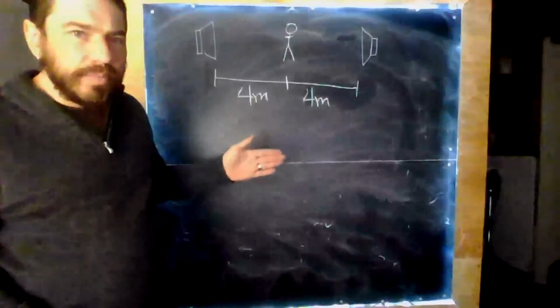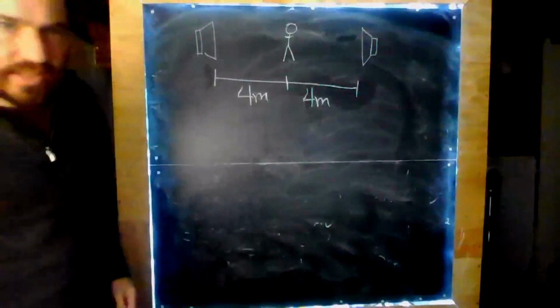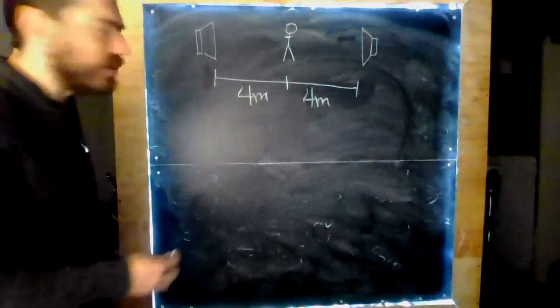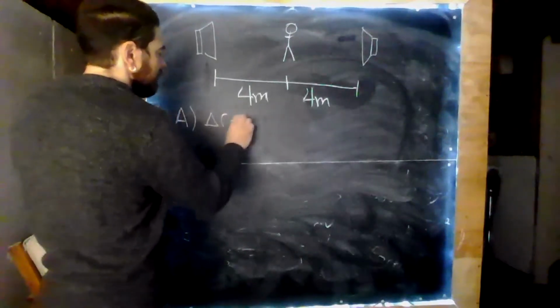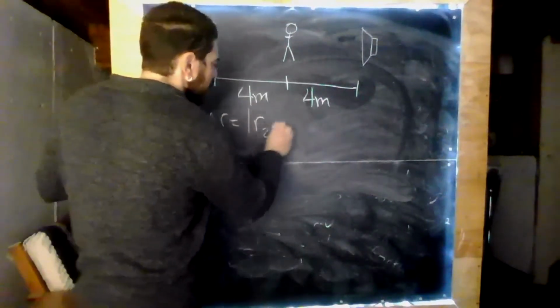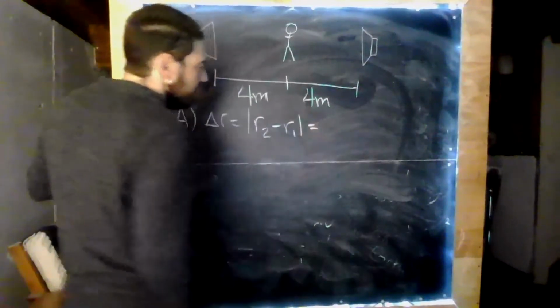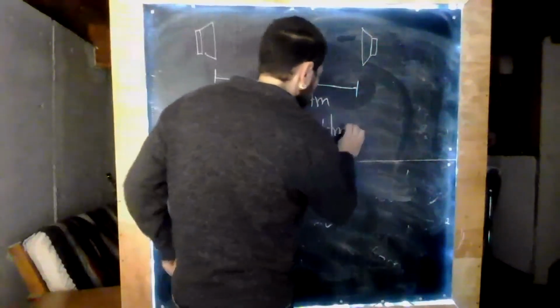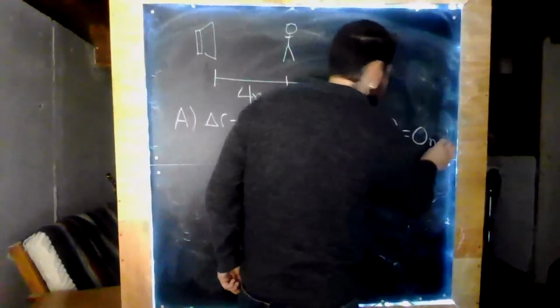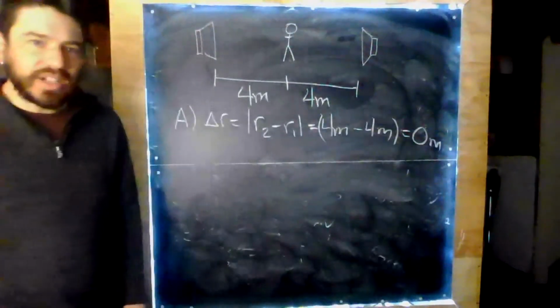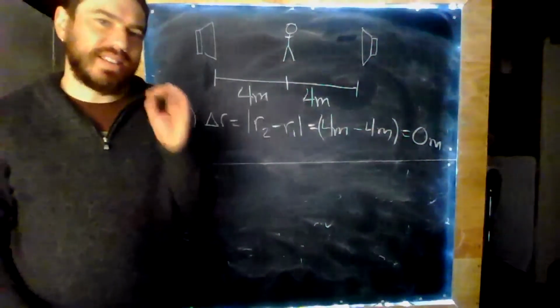Here's a nice picture. Let's find out what the path length difference is. I've started out with a real straightforward one, haven't I? In this case, delta R, we'll go through each step though, equals R2 minus R1. That's 4 meters minus 4 meters equals 0 meters. 0 meters means the path length difference is 0.